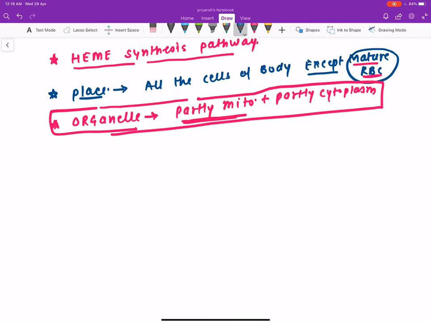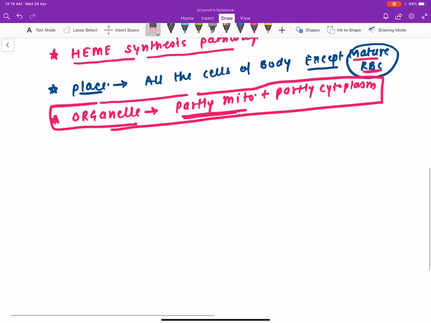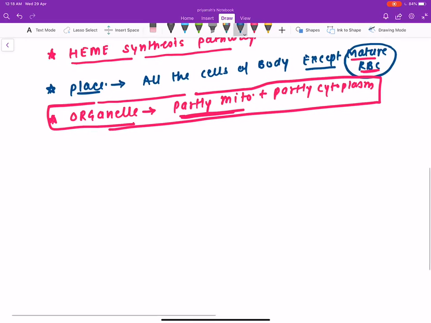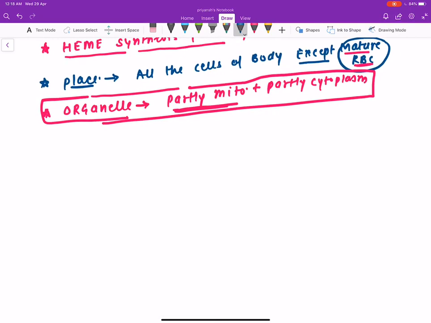Starting with the heme synthesis pathway, coming to the first reaction. See, it is a complicated pathway. We'll tell you a mnemonic also. First of all, glycine unites with succinyl-CoA.